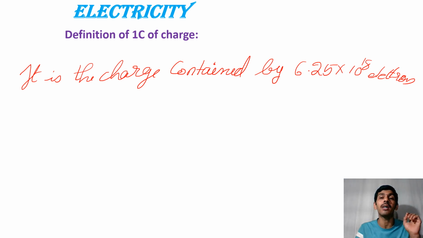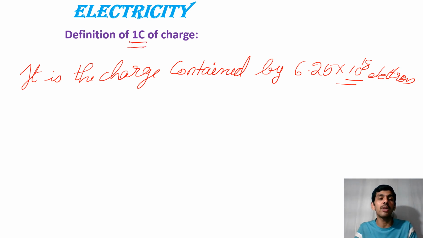Look at that number. You have to write 6.25 and multiply by 10, 18 times. Whichever very large number you get, that many electrons are needed to form a charge equal to 1 coulomb. That is how to define 1 coulomb of charge.